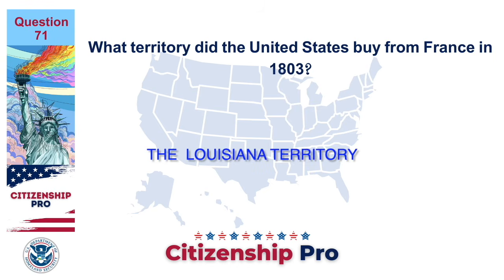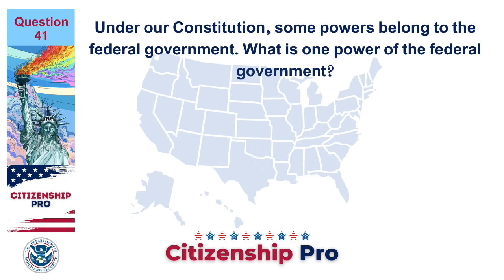The Louisiana Territory. Under our Constitution, some powers belong to the federal government. What is one power of the federal government? To print money.